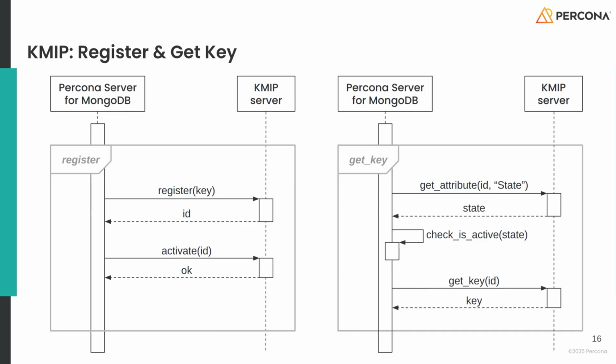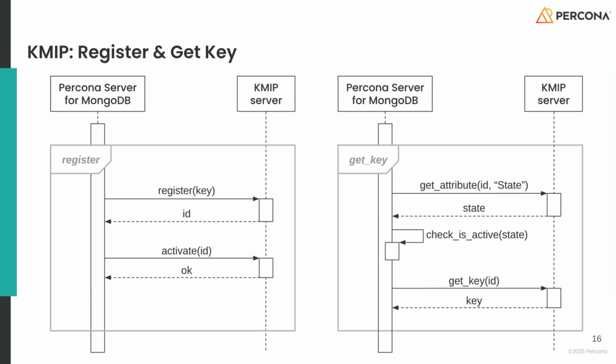Now we are ready to see how Percona Server for MongoDB utilizes the state attribute in order to track that the key is safe and sound. We saw earlier that the register operation on our sequence diagram was written in bold font.